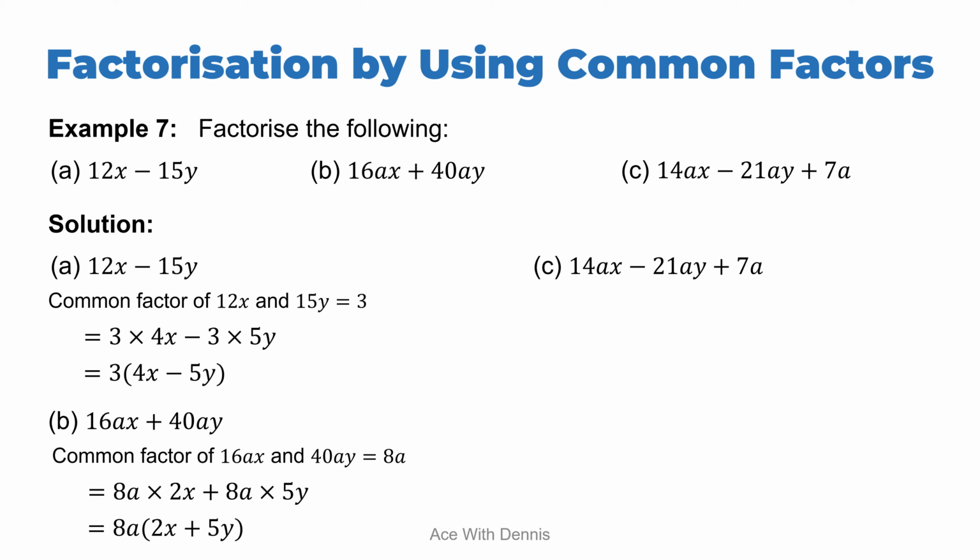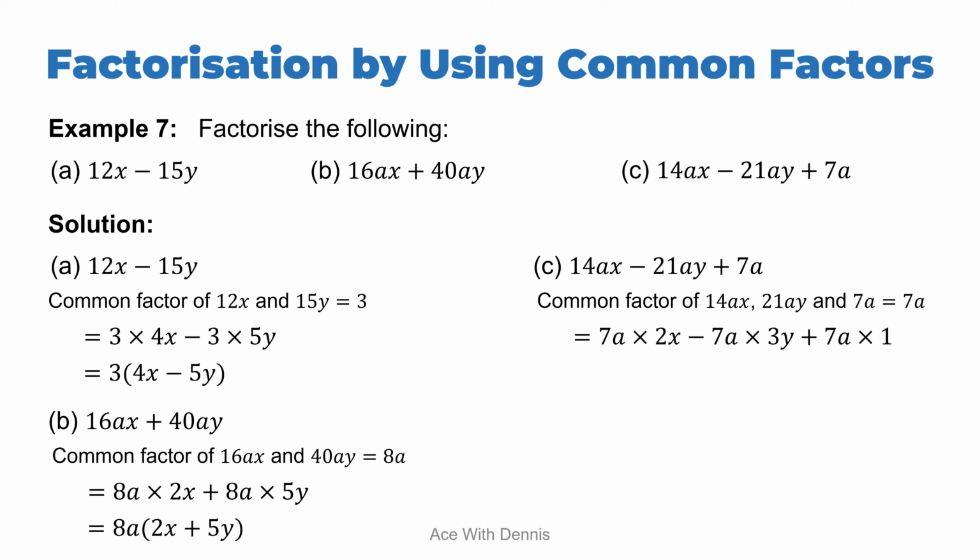For C, 14ax minus 21ay plus 7a. So the common factor of 14ax, 21ay, and 7a is 7a, because 14, 21, and 7 are divisible by 7. And also all the three terms have the factor a.